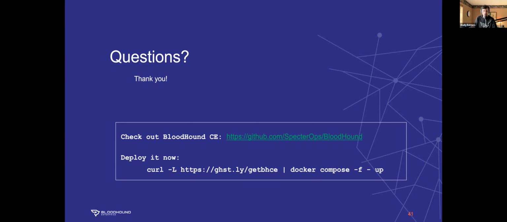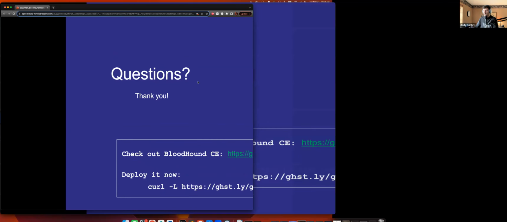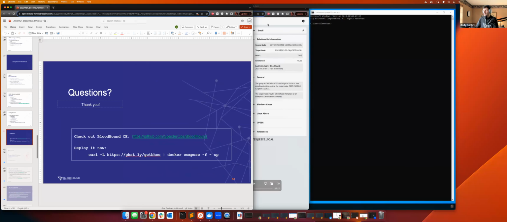This question says, will edge filtering still be possible? Yes, edge filtering is in BloodHound CE. So I can show you where it is.